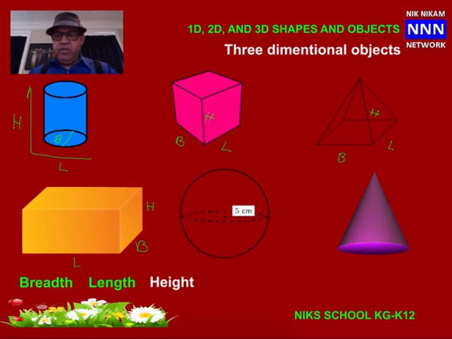And here's a cone which is similar to the cylinder except the tip becomes pointed. So again in the bottom we have the length, then here we have the breadth, then here we have the height. So this is the height, this is the length, and this is the breadth. So these are all 3-dimensional objects.